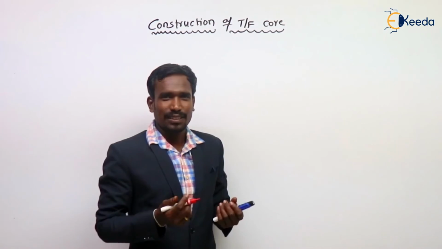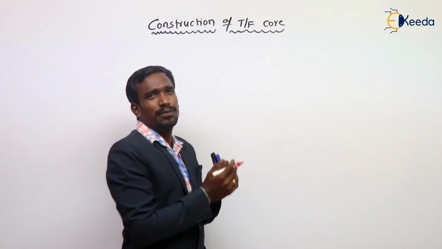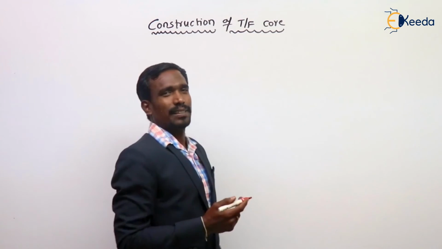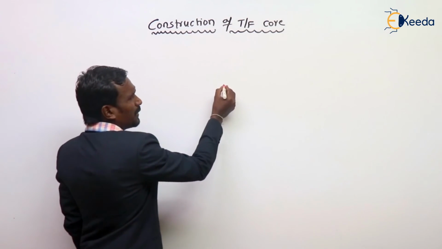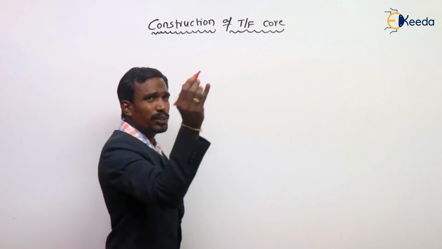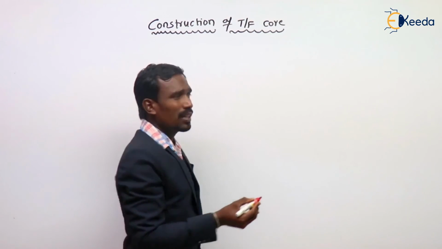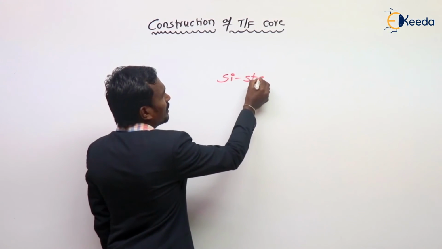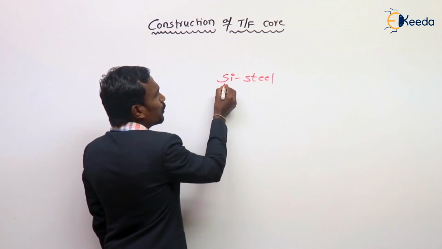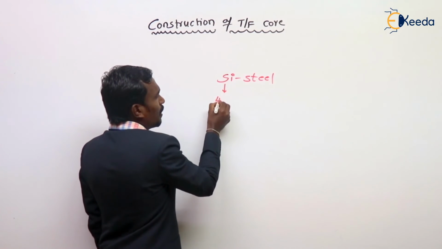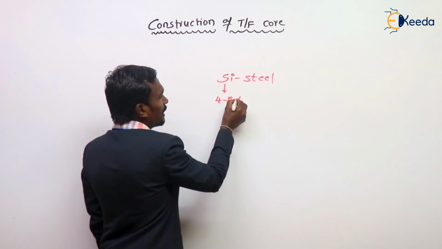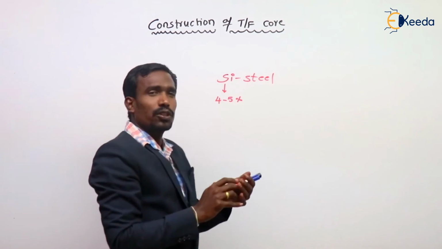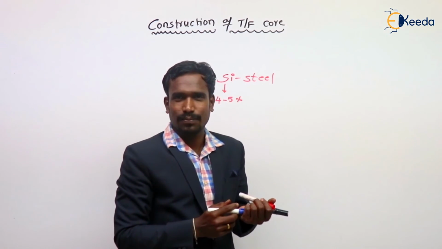So finally, in this video, the conclusion: how we can construct the transformer core. To reduce the hysteresis losses, the transformer core should be made up of steel, of course with some 4 to 5% of silicon added to reduce the eddy current losses.